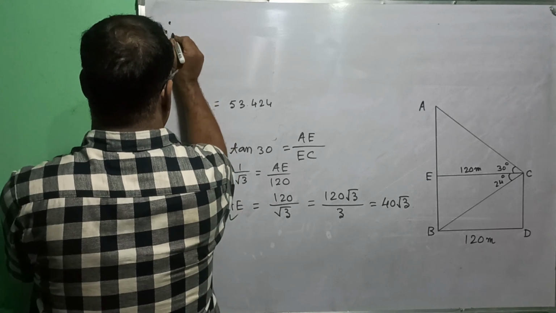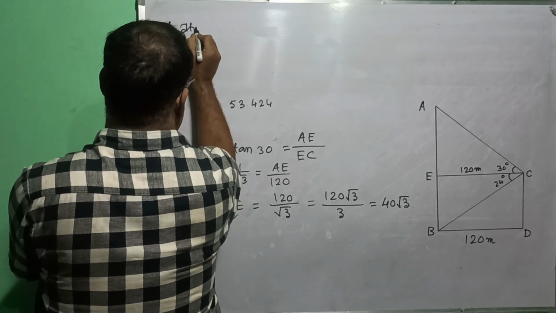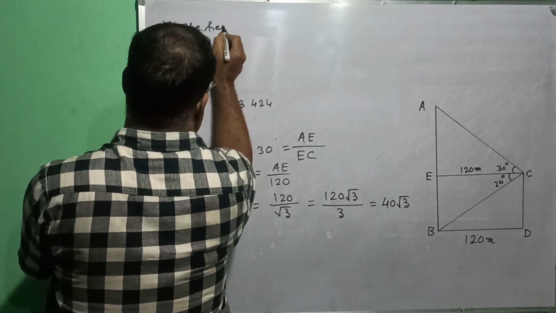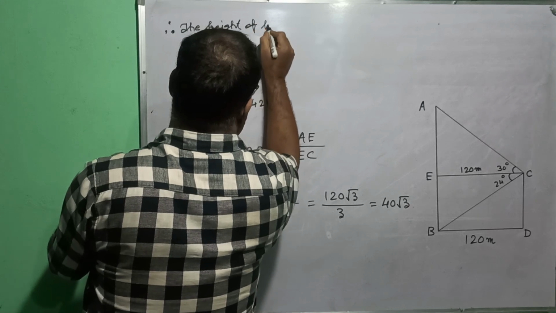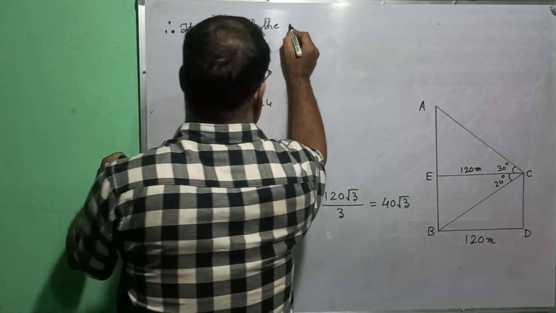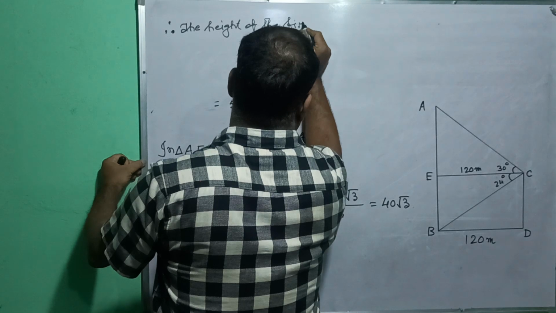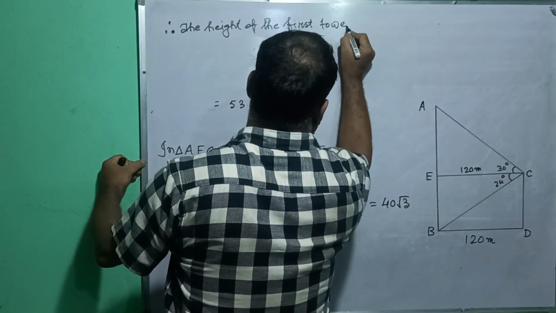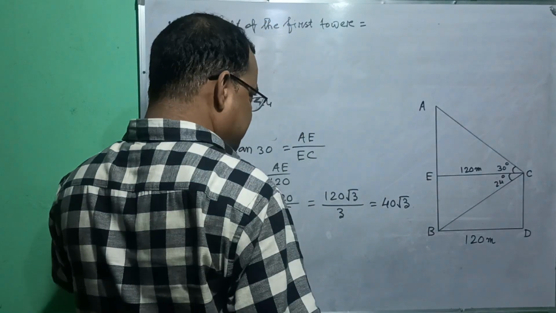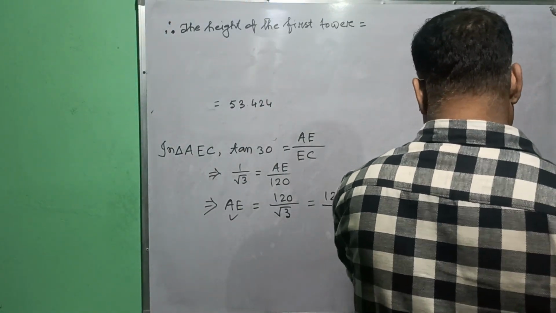Therefore the height of the first tower equal to AE plus BE.